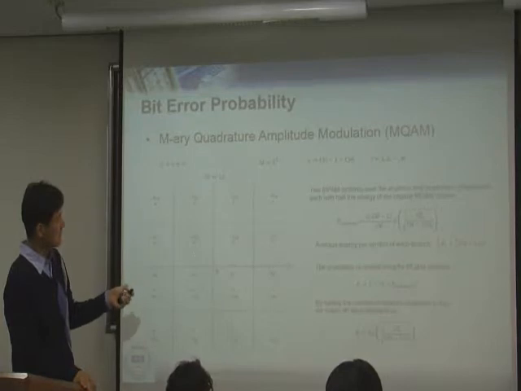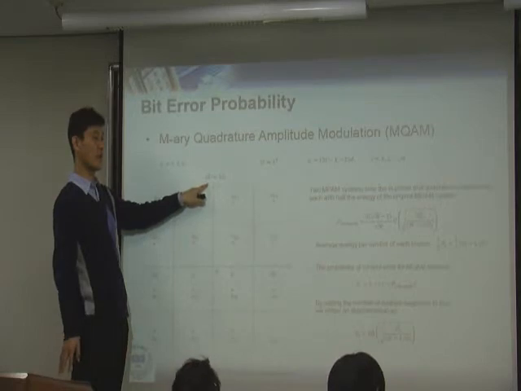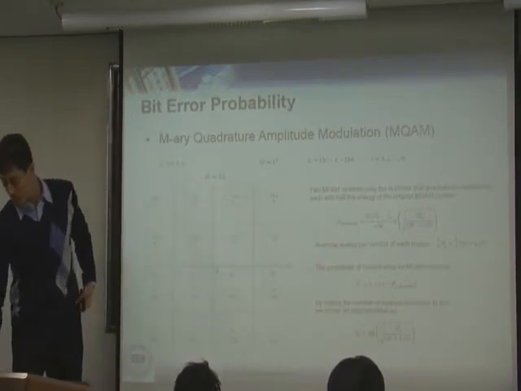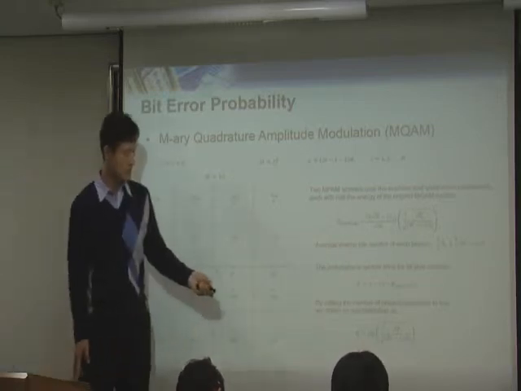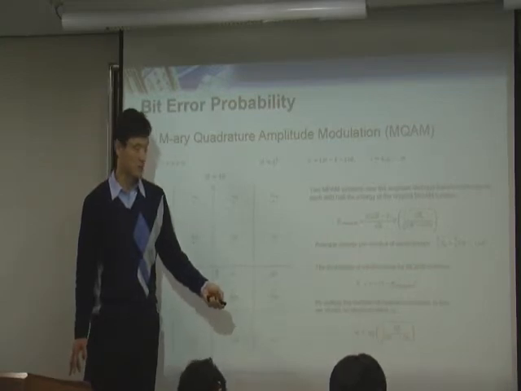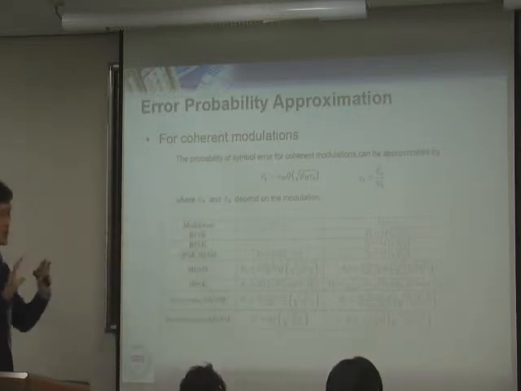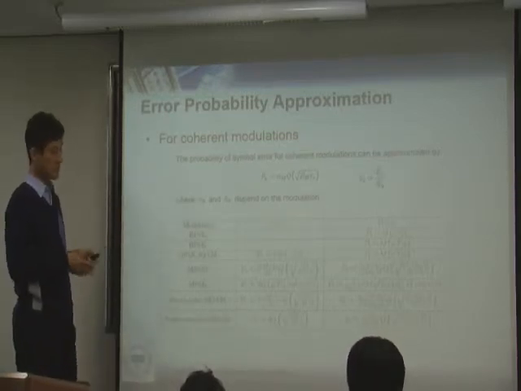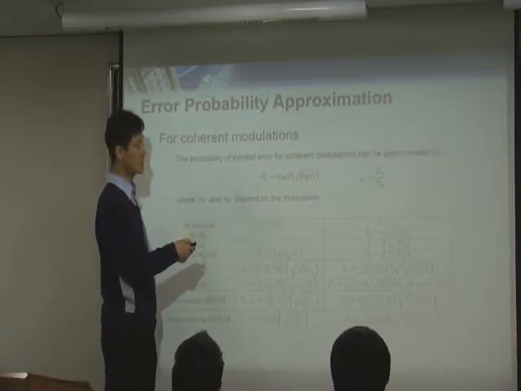The example that I showed you earlier is the case of 16 QAM. I chose M equal to 16, right? This is an example of M equal to 16. As you see, we have this symbol error probability. If you think about the general case, for any other modulation, not just 16 QAM, typically the symbol error rate can be approximated into this form.